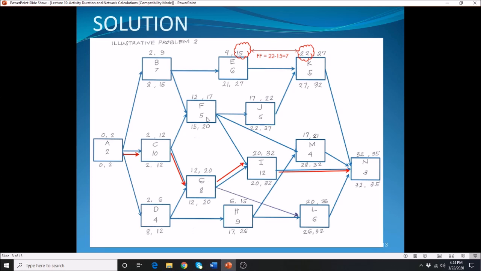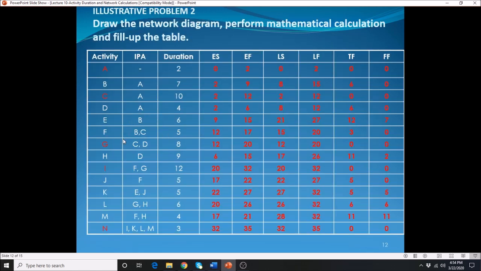Alright, so what's the total float of activity F? F is not a critical activity. So 15 minus 12, or 20 minus 17. And both of them are 3. So 15 minus 12, 3. 20 minus 17, 3. That's why for your F, you have here 3.